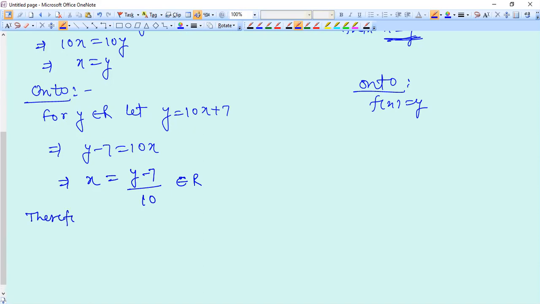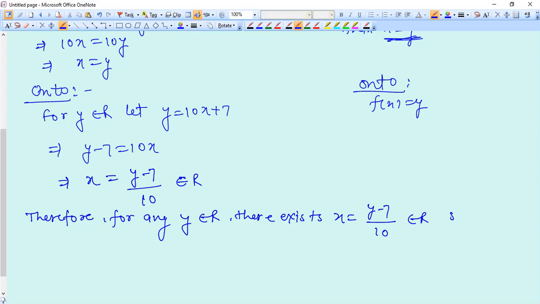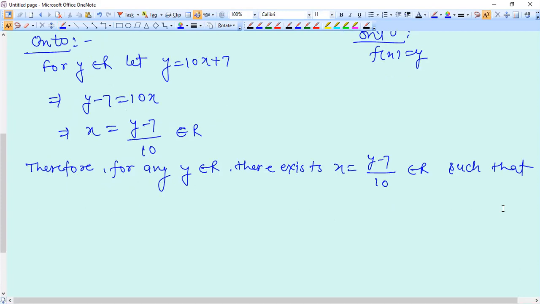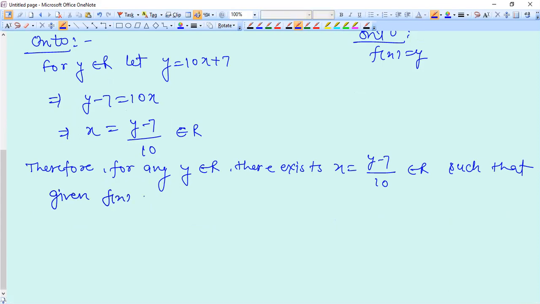Therefore, for any y belongs to R, that means y is a real number, there exists this x is equal to (y minus 7) upon 10, which is also a real number, such that f(x) is equal to, now we put the value of x in the given f(x), we have 10x plus 7.